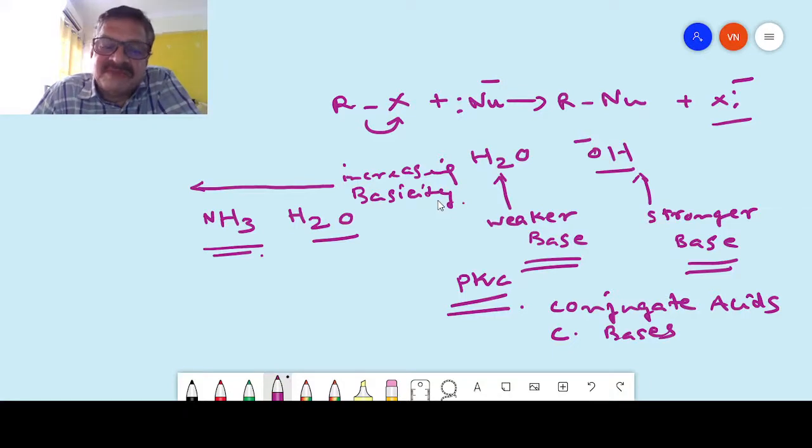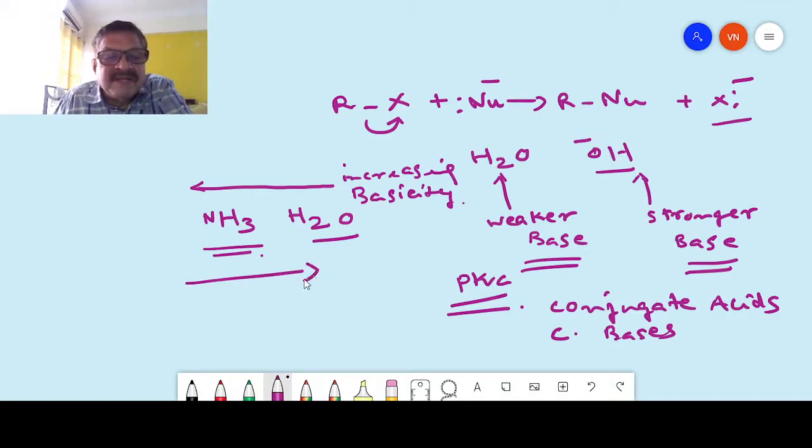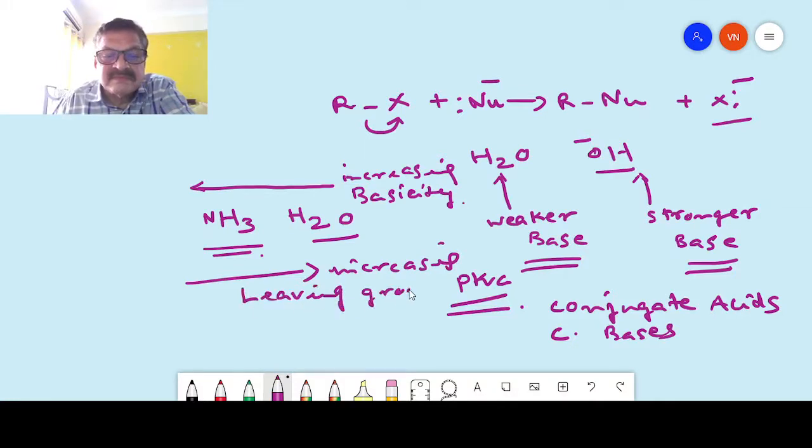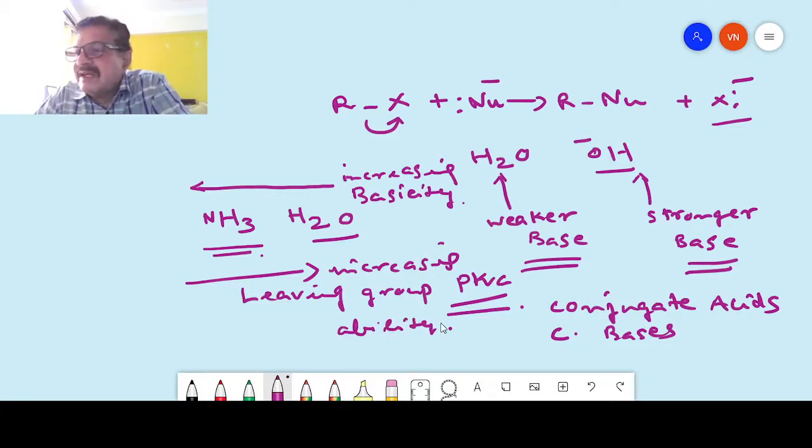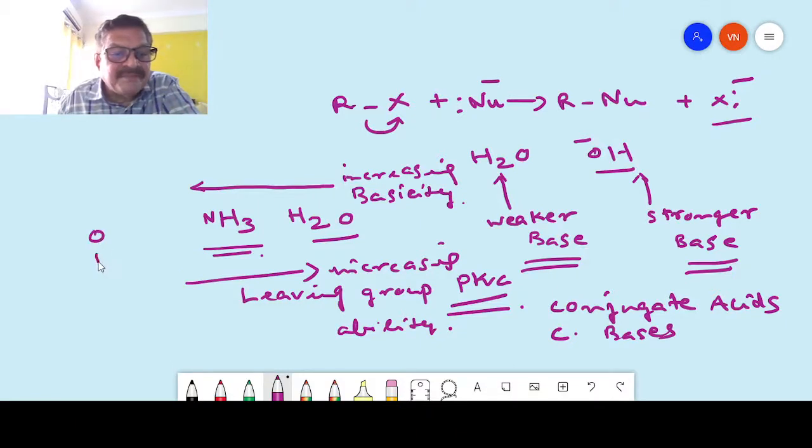Now right to left, we are seeing here water and ammonia, that is the increasing basicity. Then on this side, it will be increasing leaving group ability. These are second row elements here: water, H2O, oxygen, and ammonia.